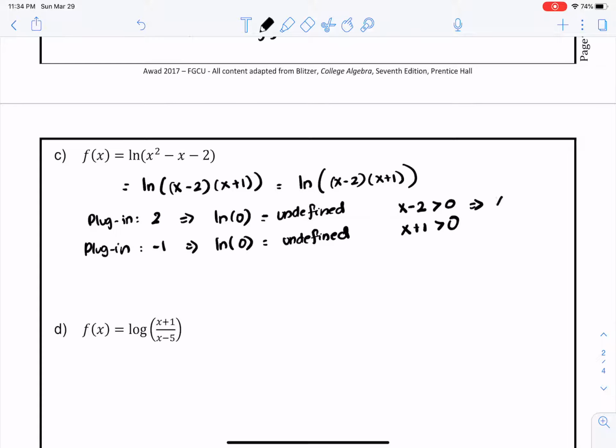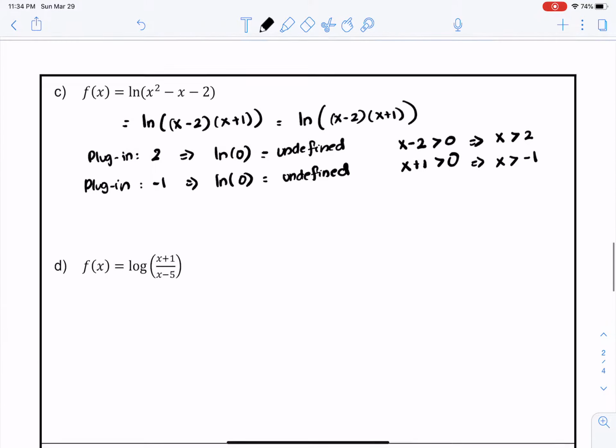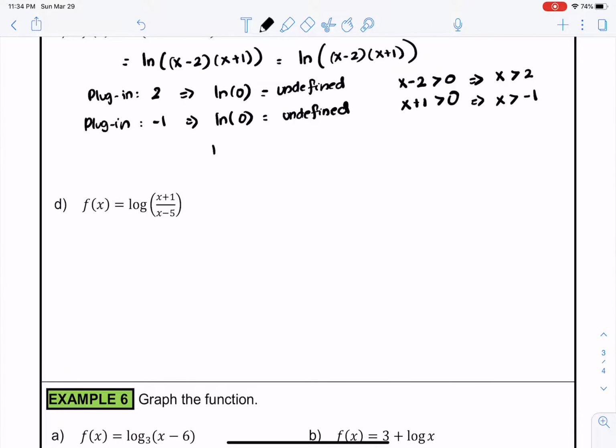So this would mean x is greater than 2 and x is greater than negative 1. So if we combine the two conditions, we would simply have x to be greater than 2.